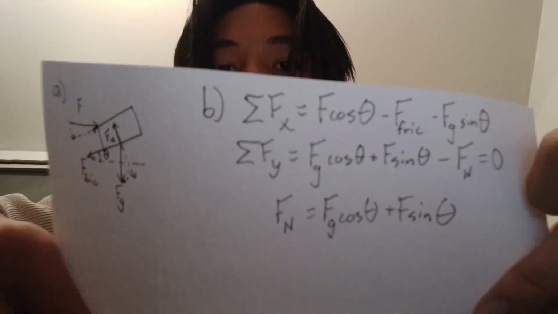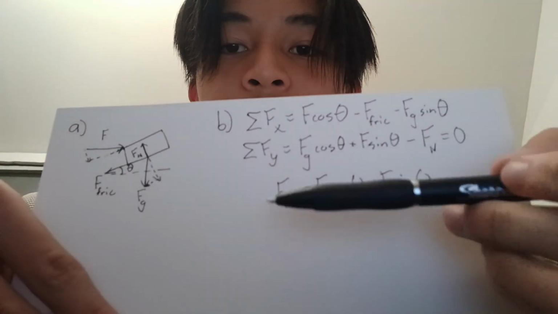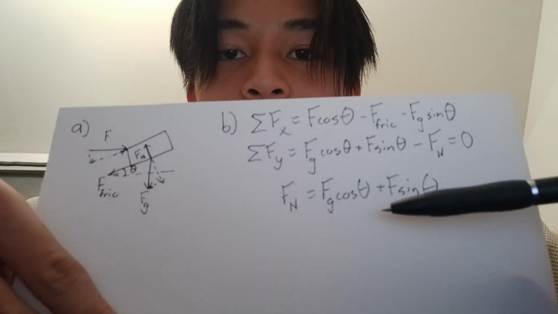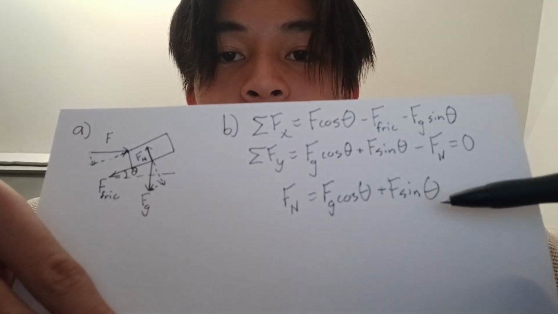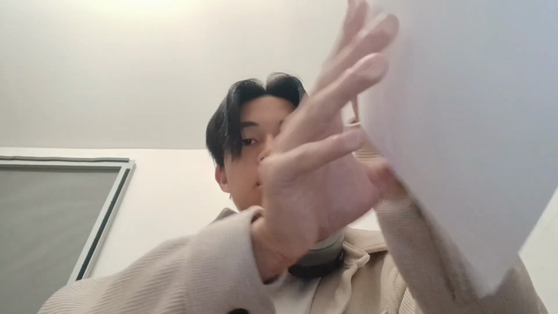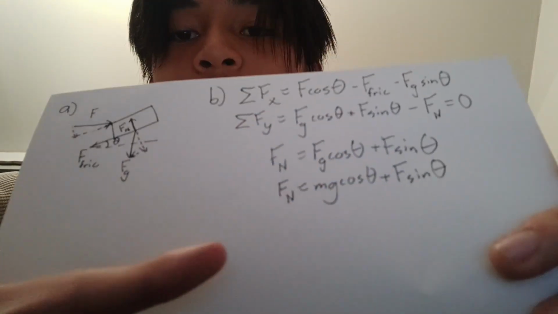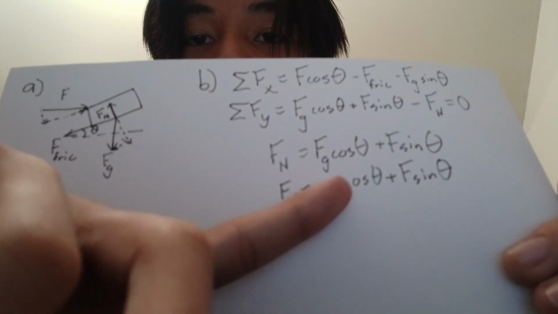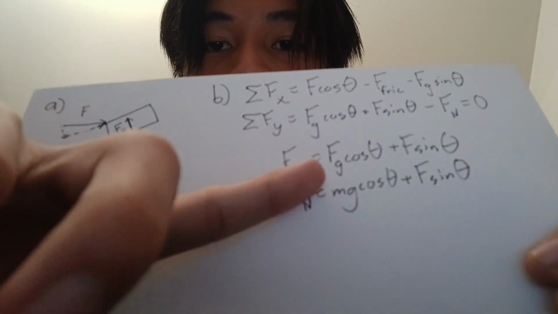And we get that Fn equals Fg cosine theta plus F sine theta. And we can break that down further into Fn equals mg cosine theta plus F sine theta, because Fg is the same thing as mg.